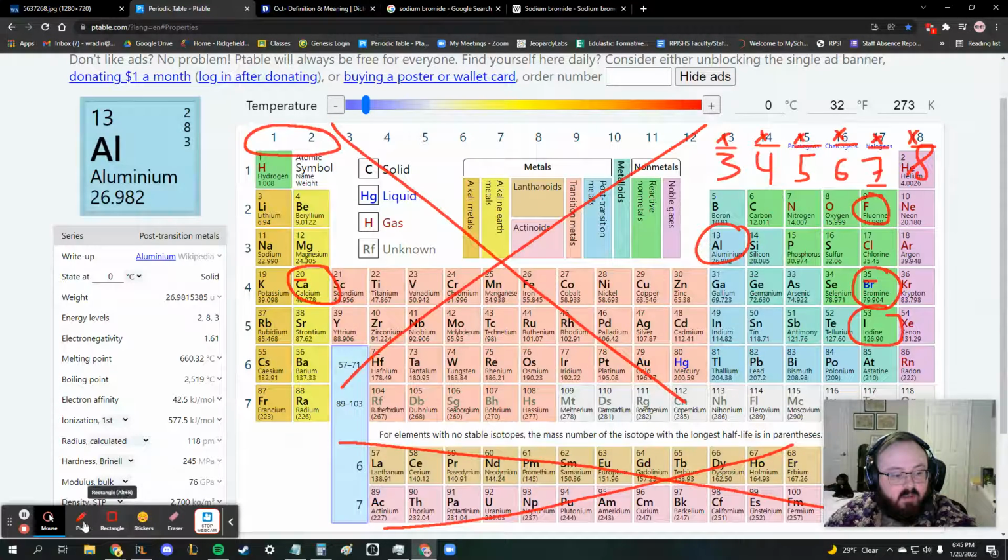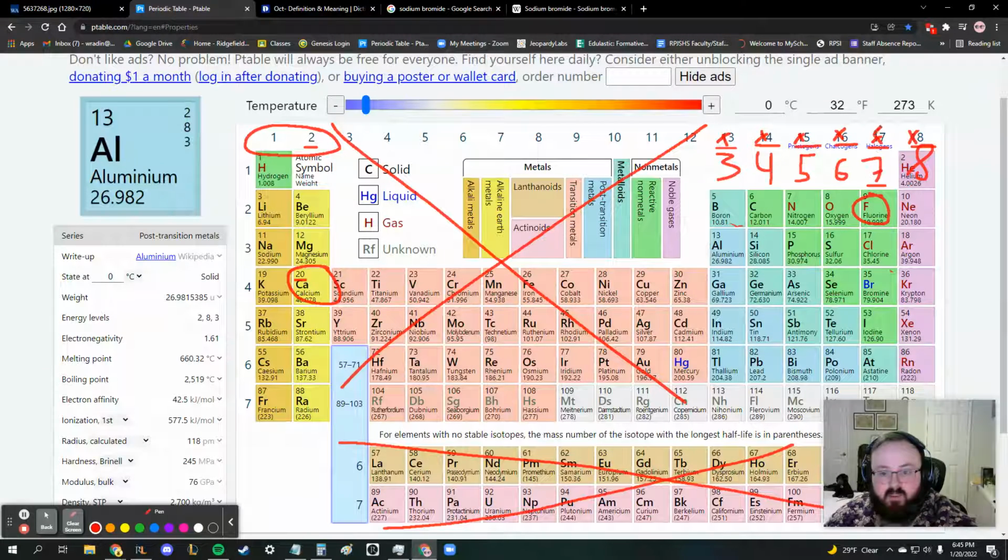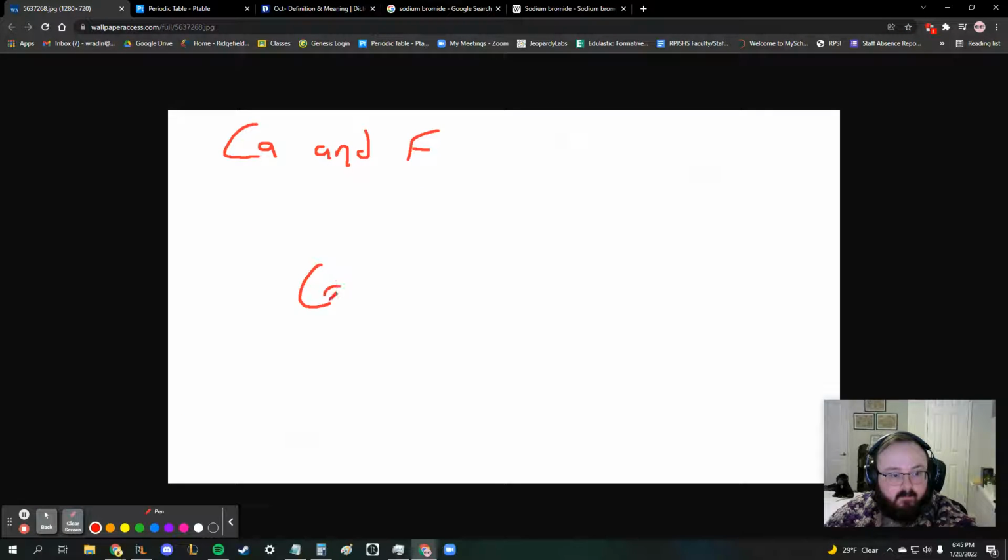I'm going to erase all of these other ones so it's a little bit less confusing. So calcium is in group 2, so there are 2 valence electrons. Fluorine is in group 17, so there are 7 valence electrons. Okay? So calcium has 1, 2, and fluorine we have 1, 2, 3, 4, 5, 6, 7.